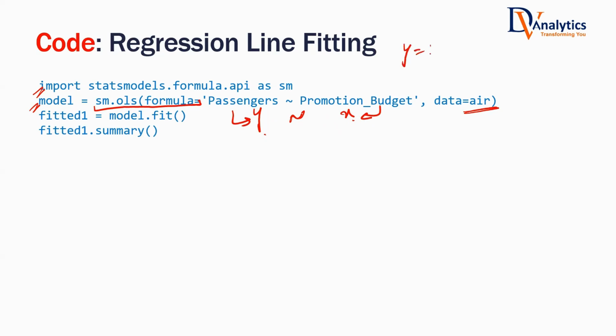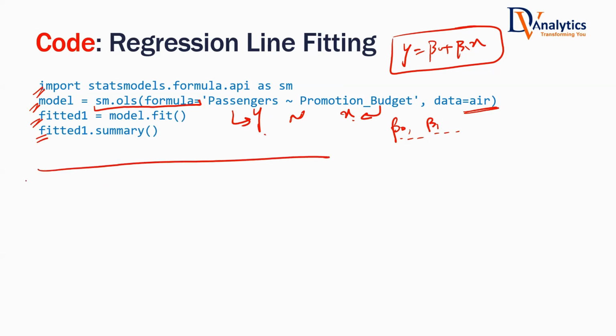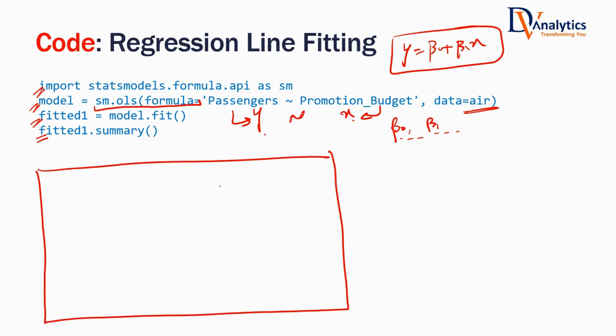So by the end of this, the skeleton equation y equal to beta naught plus beta 1x will be formed. Once you say model.fit, different values of beta naught, different values of beta 1 will be tried. The final optimal values of beta naught, beta 1 will be given to us. Everything will be stored in this fitted function. The output will be very lengthy, with several metrics mentioned.